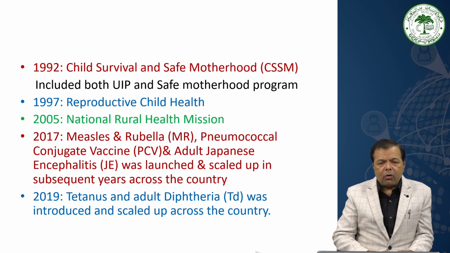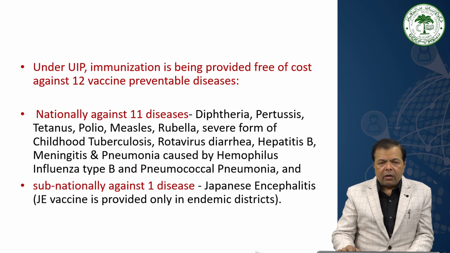As of now, we can talk about measles and rubella, pneumococcal conjugate vaccine, and adult Japanese encephalitis, etc. These all became part of the universal immunization program in 2017, and then in 2019, tetanus and adult diphtheria also became part of it. So these were some of the important things which became functional under the universal immunization program.